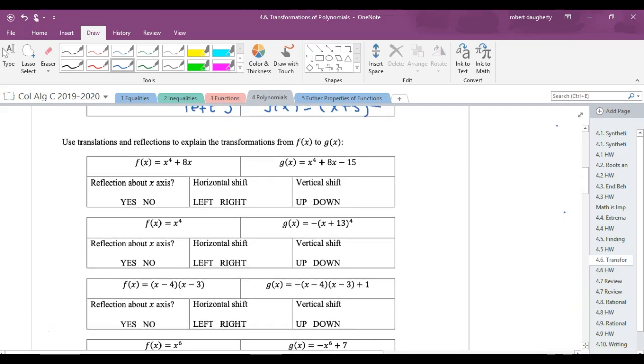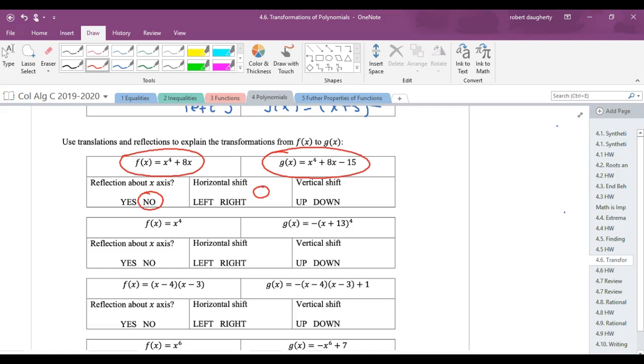So look at this one. Here's my original, f of x equals x to the 4th plus 8x. Here's my transformation. Has this been reflected about the x-axis? No. Has it moved horizontally? No. If it moved horizontally, my x's would have to become x plus 1s or x plus 2s, okay?